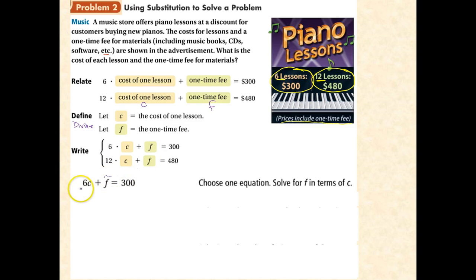Just got to subtract 6C from both sides. Minus 6C, minus 6C, and F is 300 minus 6C. Then we're going to plug this expression for F into the other equation.